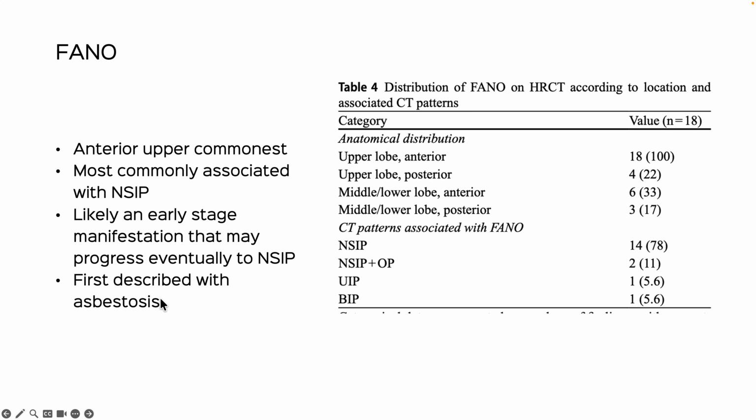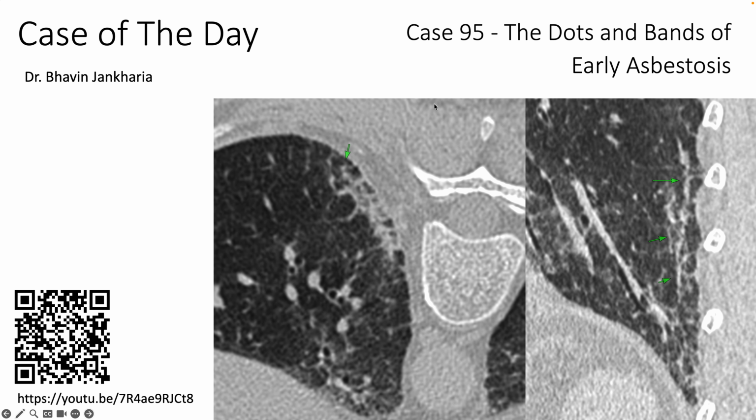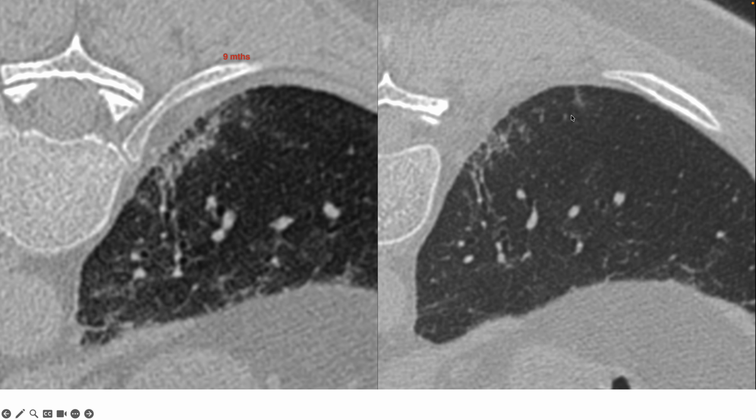And then came the curveball, where they said that this is the term, while they didn't use the term FANO, this was what was described with asbestosis. So I went back to that case 95, and you'll find the link on the top right, where I labeled this the dots and bands of early asbestosis. And in fact, that is what it is.